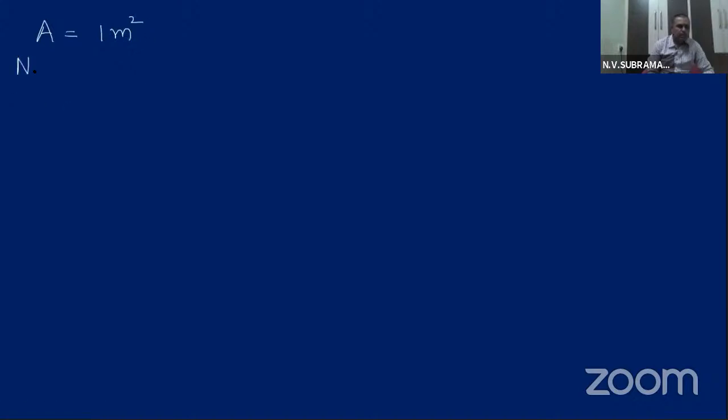Now let the new area, expanded area, be A dash. Then A dash will be what? Again, that is also a square only. Its area must be L dash whole square. That means A dash is equal to, what is L dash value? 1 plus alpha L. Don't forget. 1 plus alpha L whole square.